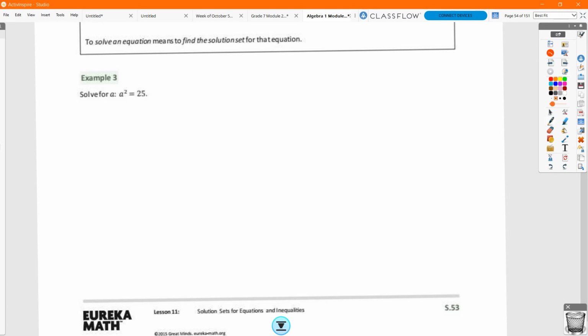Now, we know that to undo a square, we have to use a square root. So a squared equals 25. Now we do the square root of both of these.